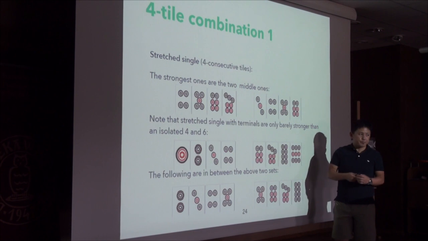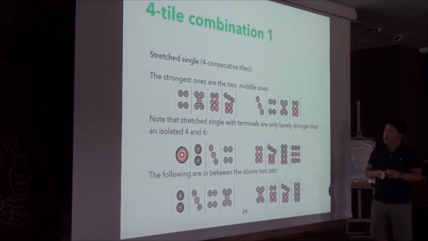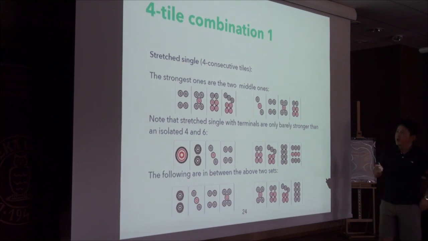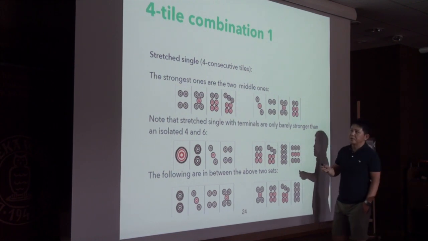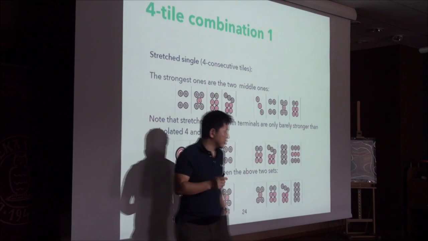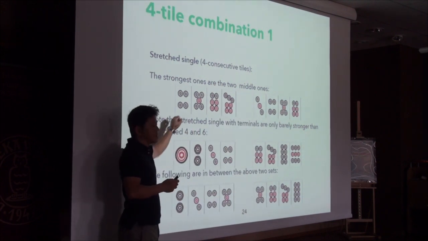Right. So first, 4 tile combinations are the most useful ones, and there are 2 kinds of 4 tile combinations. One is called a stretch single. It's basically 4 consecutive tiles. The strongest among 4 tile combinations are the middle ones, 4, 5, 6, 7, and 3, 4, 5, 6.